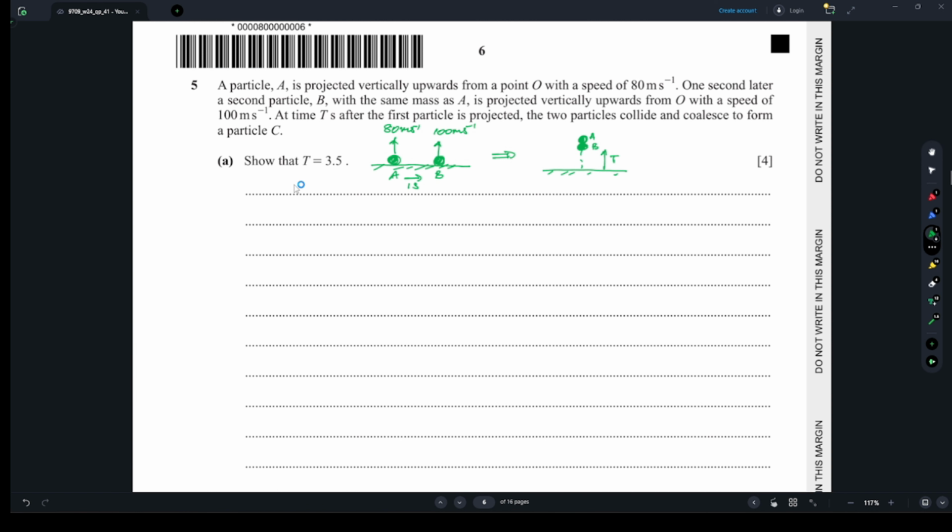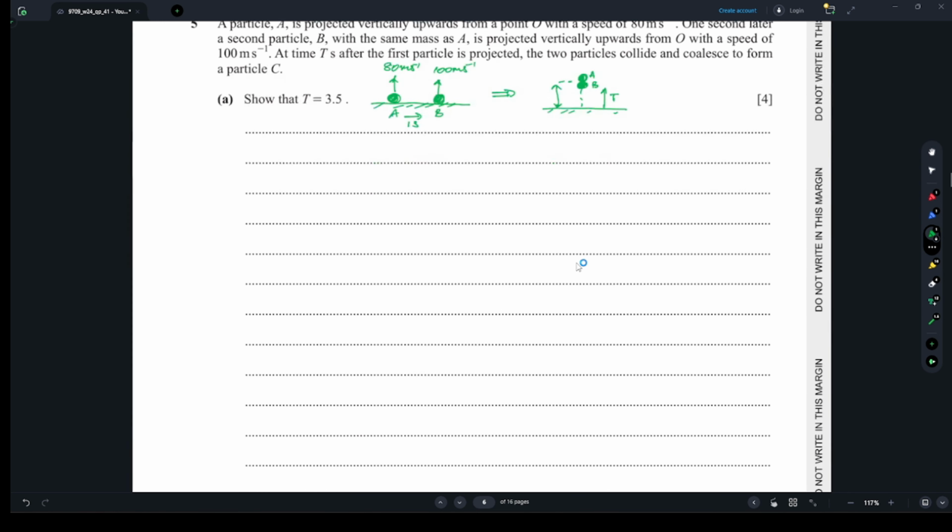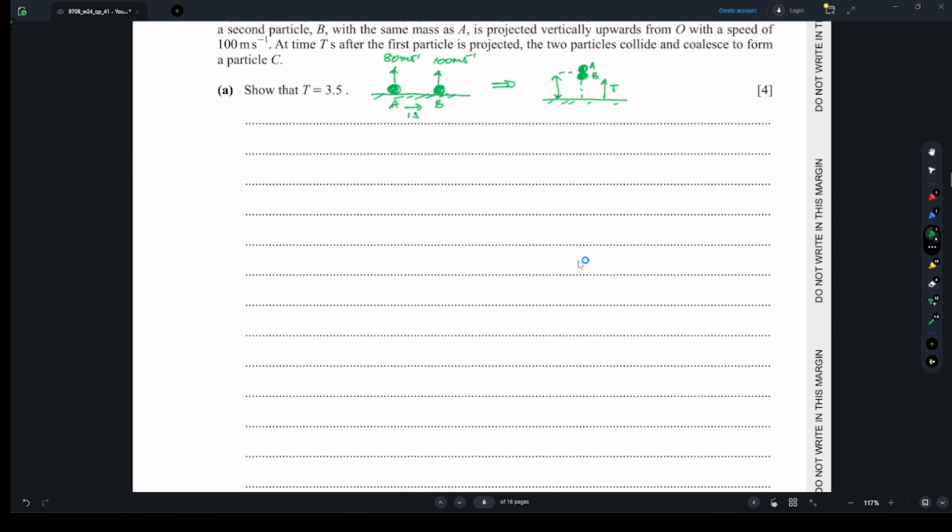So we need to find the time. We don't know the distance for the collision, so this distance we don't have any idea. Let's consider it as something.